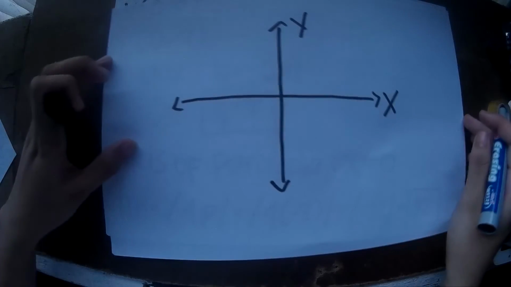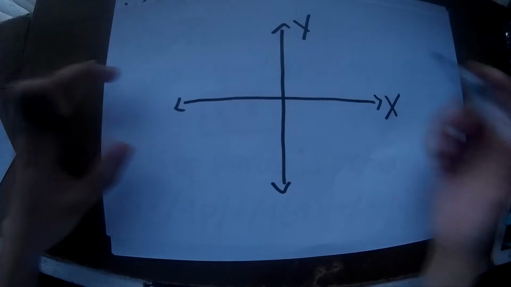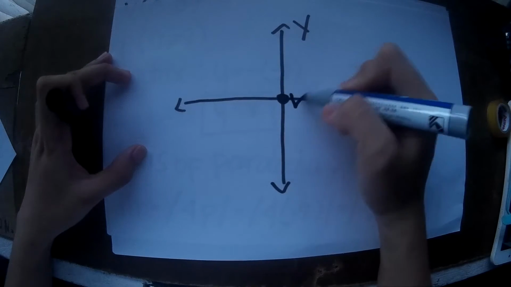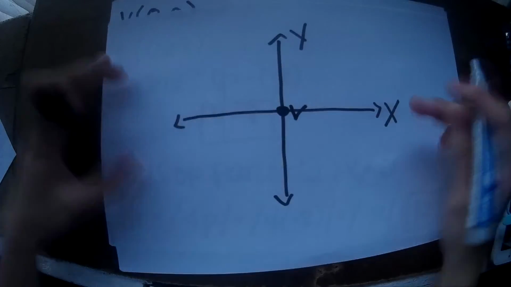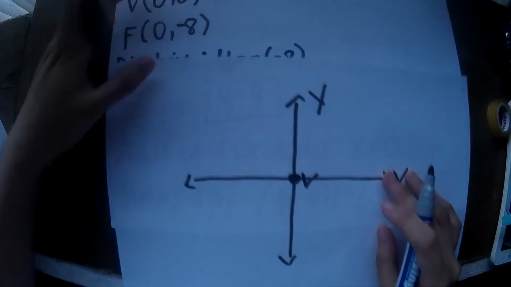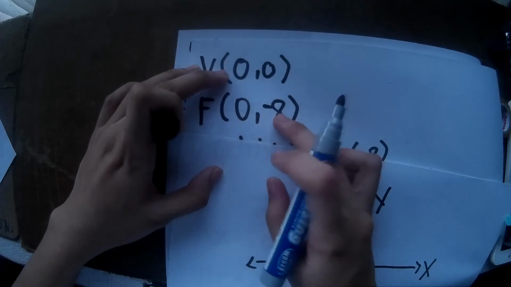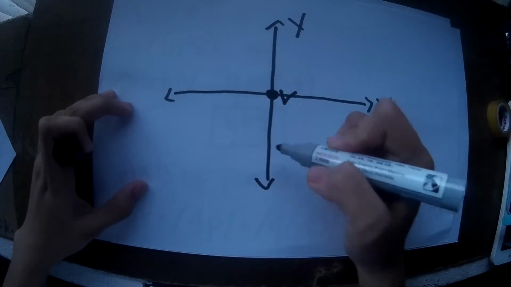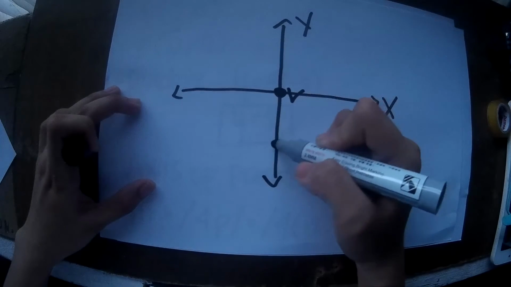Since we all know that our vertex is at the origin, it's going to be here, our vertex. Next, our focus is (0, negative 8). So it's going to be somewhere here, right? This is our focus.